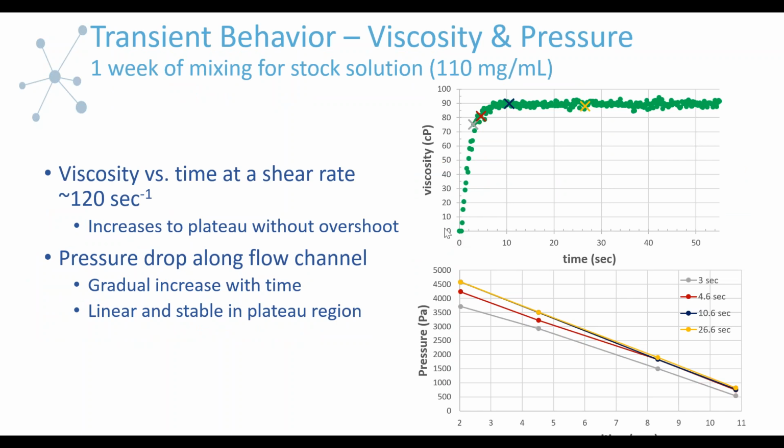Now we have the viscosity as a function of time for the same shear rate, and what we see is very standard behavior. We see a continuous increase until it reaches a plateau, and then a steady plateau with some noise. This is the typical behavior when things are going as expected.